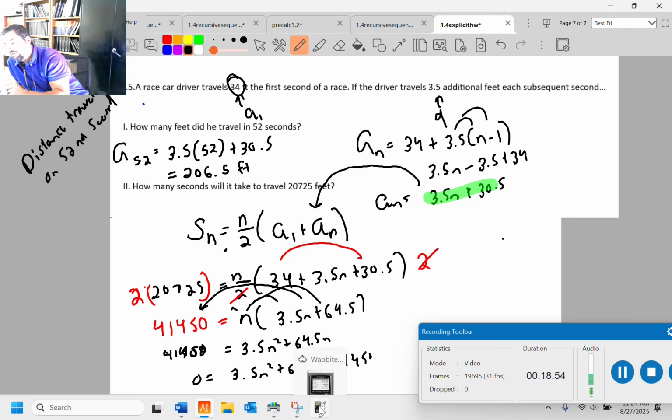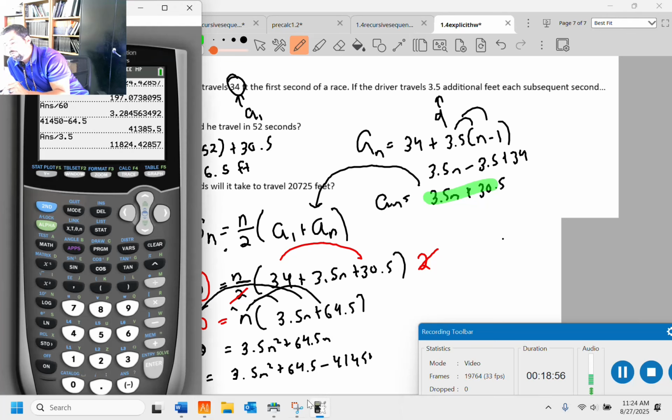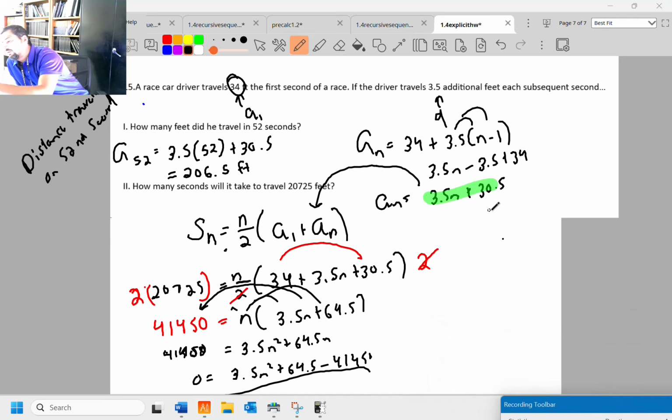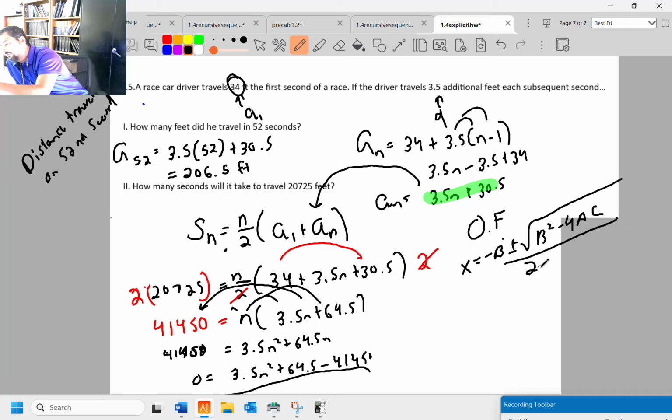Now it would be really cool if everything up there was divisible by 3.5. I don't feel that it is, but I'm pretty tired. It's not. Do you know how you solve this one? You do something called the quadratic formula. As x equals negative b plus or minus square root b squared minus 4ac all over 2a.